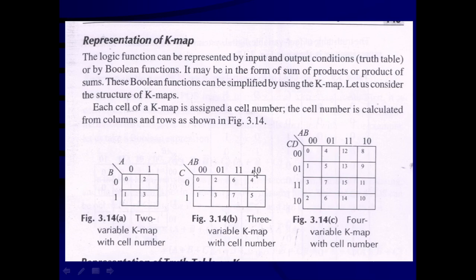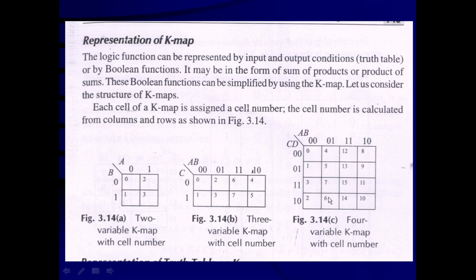For this column 1 0 and 0 is 1 0 0, which corresponds to decimal 4, and 1 0 1 corresponds to decimal 5. For this column 1 1, then 0 is decimal 6 and 1 1 1 corresponds to decimal 7. So this way the cells are assigned 0, 1, 2, 3, and remember here 4, 5 and 6, 7.